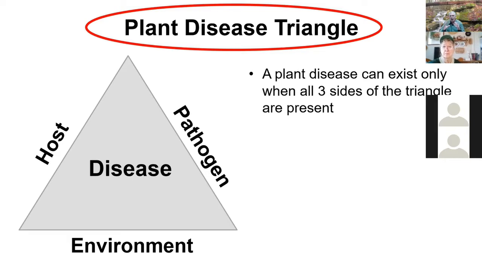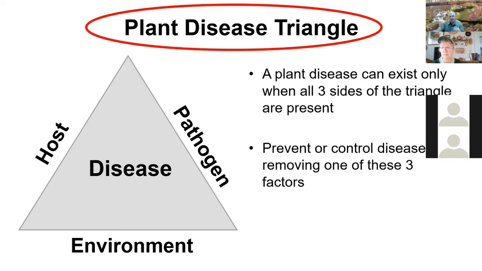We can only have disease exposure or pest problems when all three of those come together. And anytime we remove any one of those three, we're not going to have that pest problem show up. Totally eliminating the pathogen is going to be a real challenge for all of us.